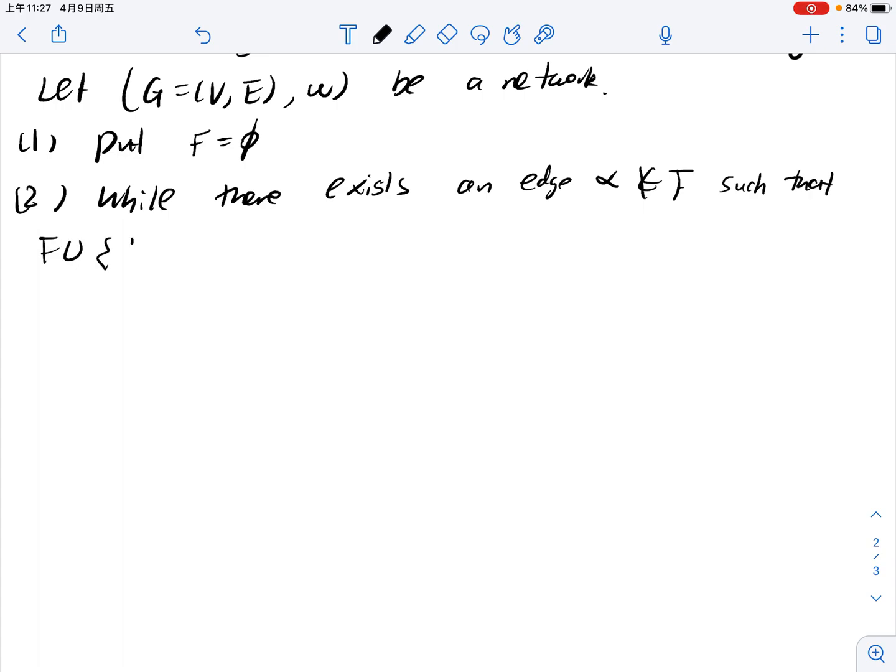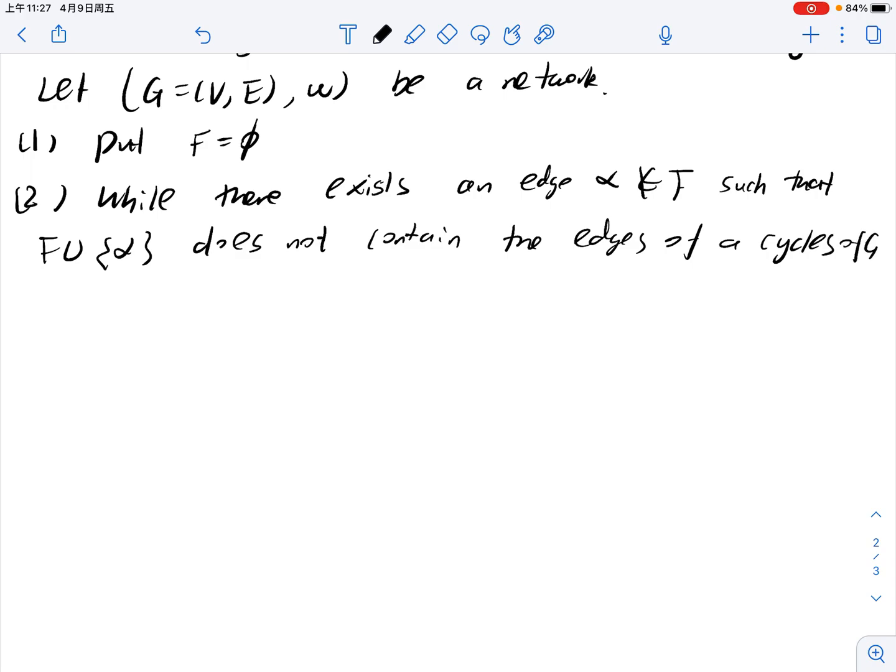F union alpha has no cycles in it, that is, contains no cycles of G, determine the one with the smallest weight.